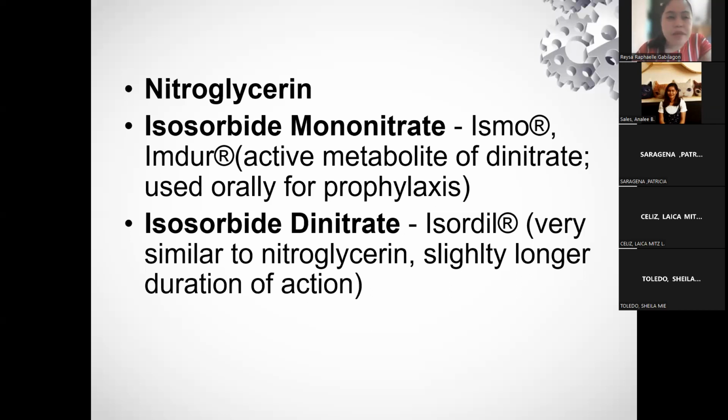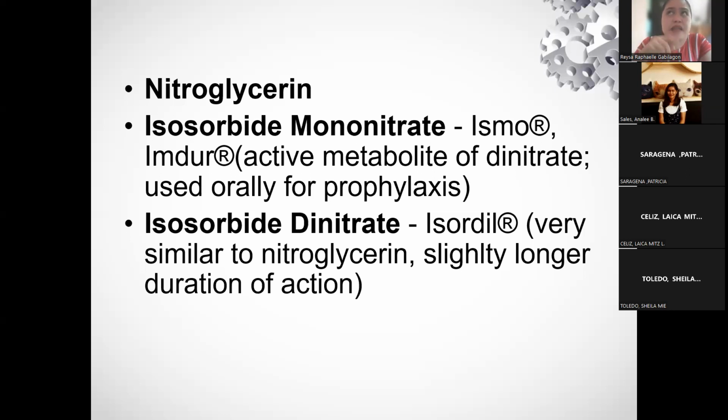But remember, when it's sublingual, you place it under the tongue because it goes directly. We have a blood vessel under the tongue that will absorb the drug. So it goes directly into the blood. And once it's in the blood, remember, it will have an action. So there will be dilation of the blood vessel. So unlike the ISMN, ISMN is for prophylaxis.